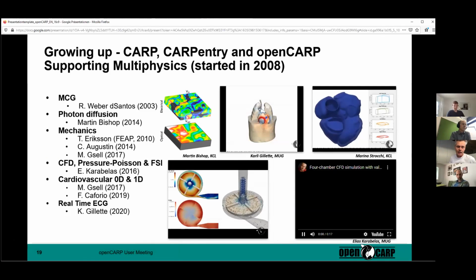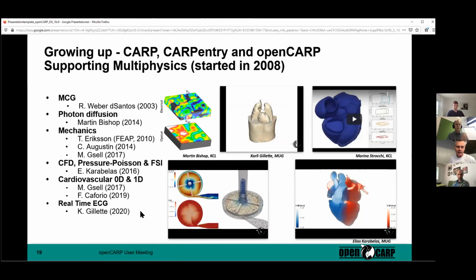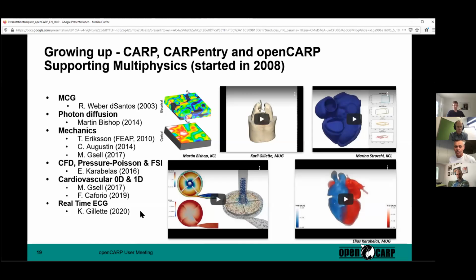And today, we're also working in cardiovascular modeling, as boundary conditions for mechanics, 0D, 1D models, and real-time electrophysiology simulations for clinical applications. So here you get a taste of what we're doing currently in the lab. Not all of that is available in openCARP. So this is our internal research simulation engine.